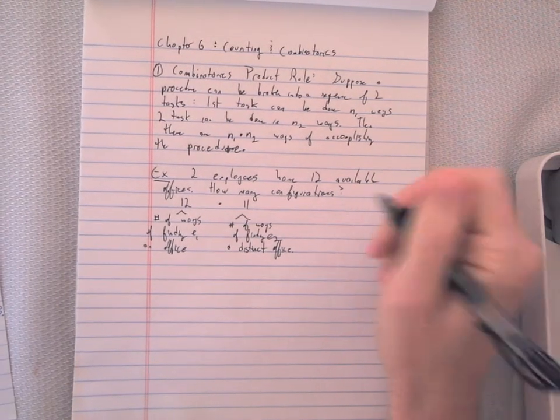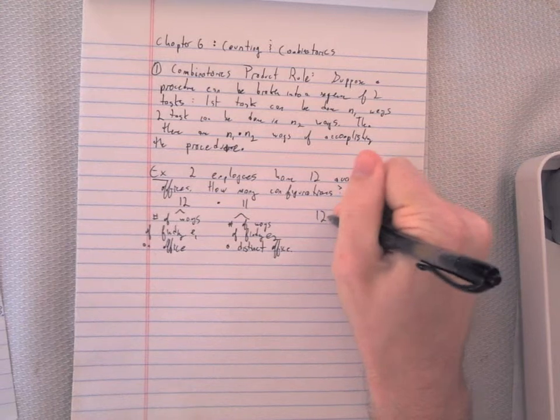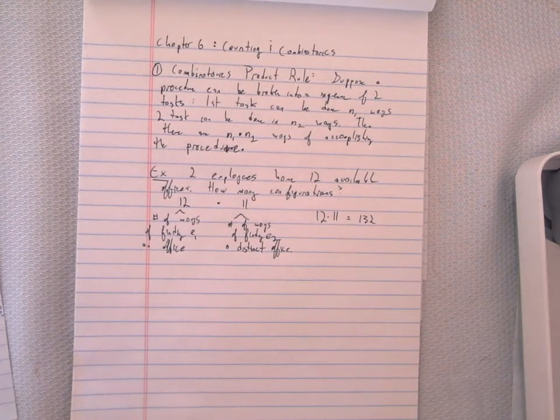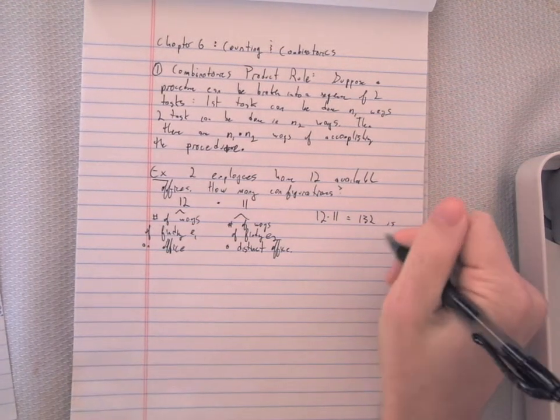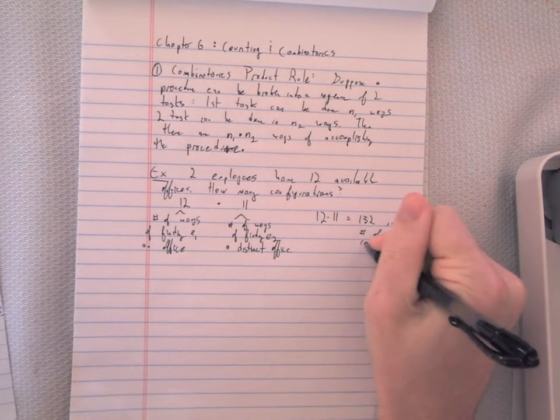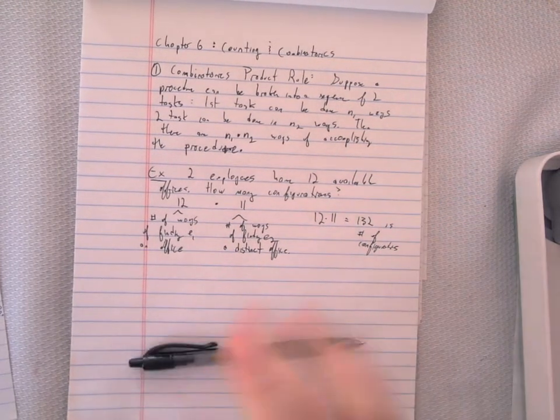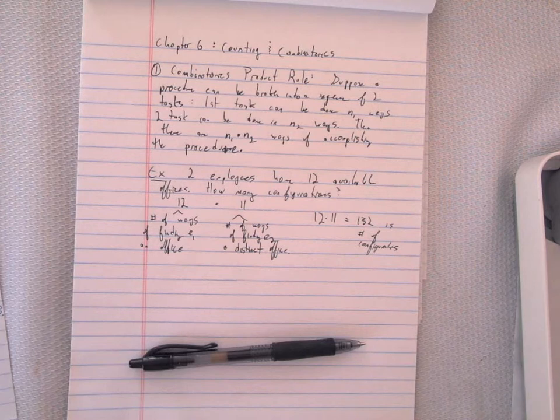So this product, 12 times 11, which is equal to, I think, 132, is going to be precisely the number of configurations. And how we did that is we broke up the whole procedure into 2 tasks, each of which was easy to enumerate.